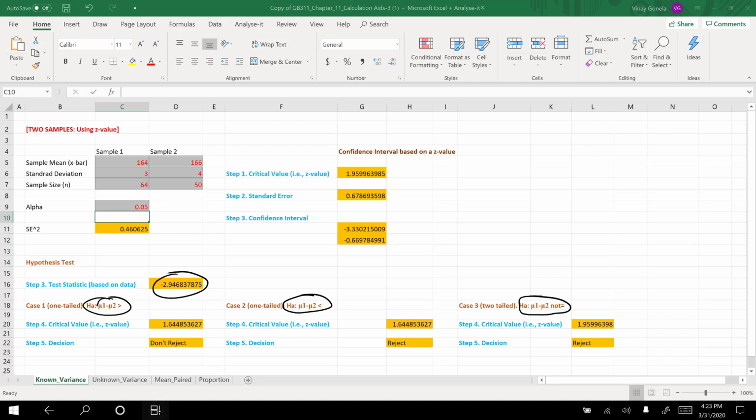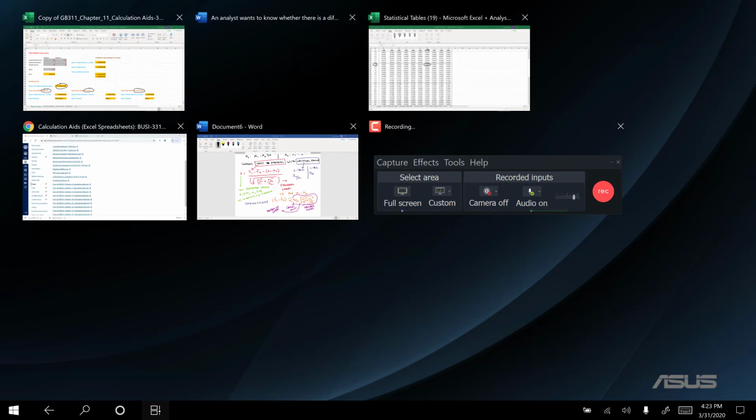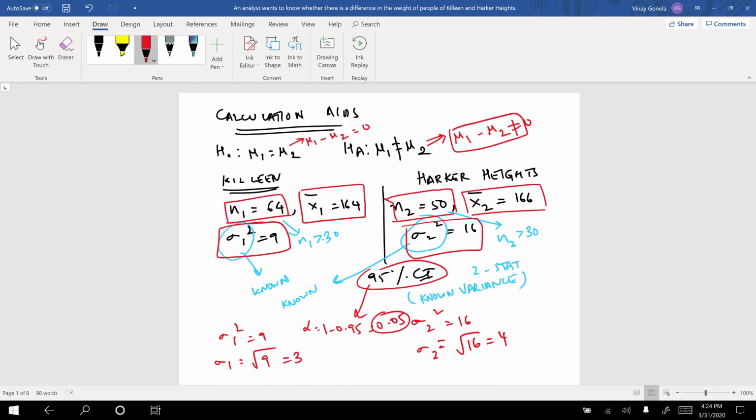So let's look for our alternative hypothesis. If you look at it, this can be written as mu1 minus mu2 not equal to 0, and the null can be written as mu1 minus mu2 equal to 0, but they asked us to look for the alternative, which is mu1 minus mu2 not equal to.